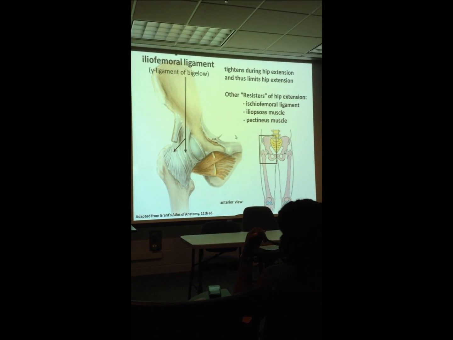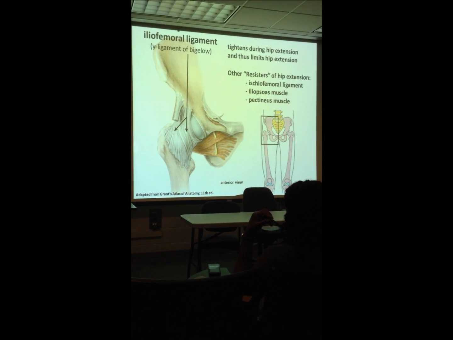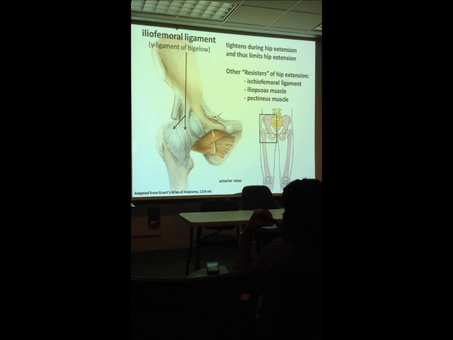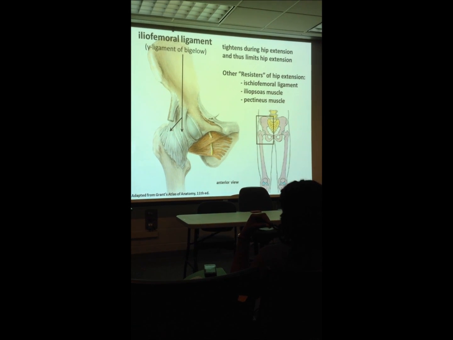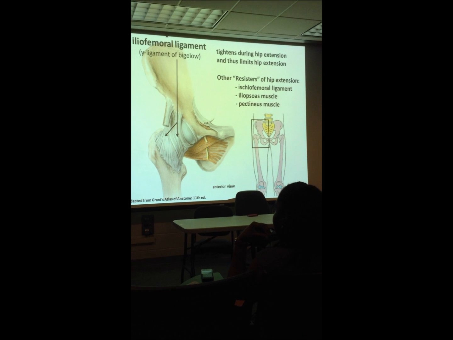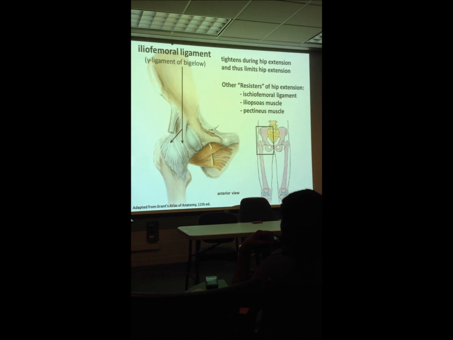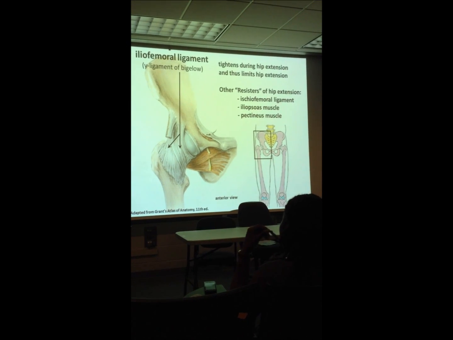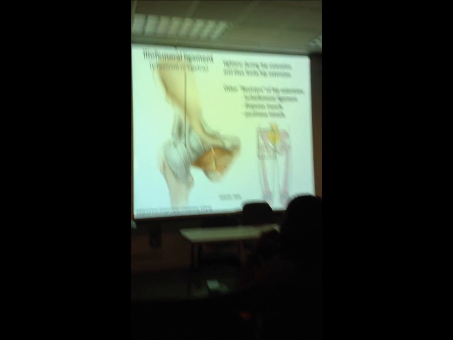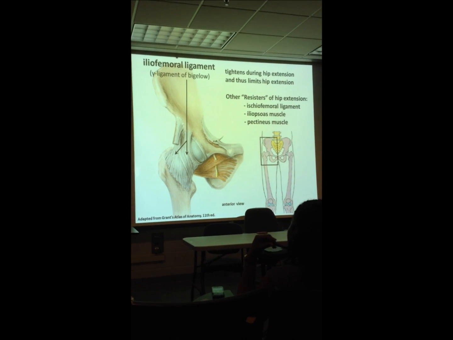So, adductor brevis splits the anterior and posterior. The obturator nerve goes through the obturator canal, which is a groove in the hip bone. That could be a practical question. That groove could be painted green or black or red or blue.